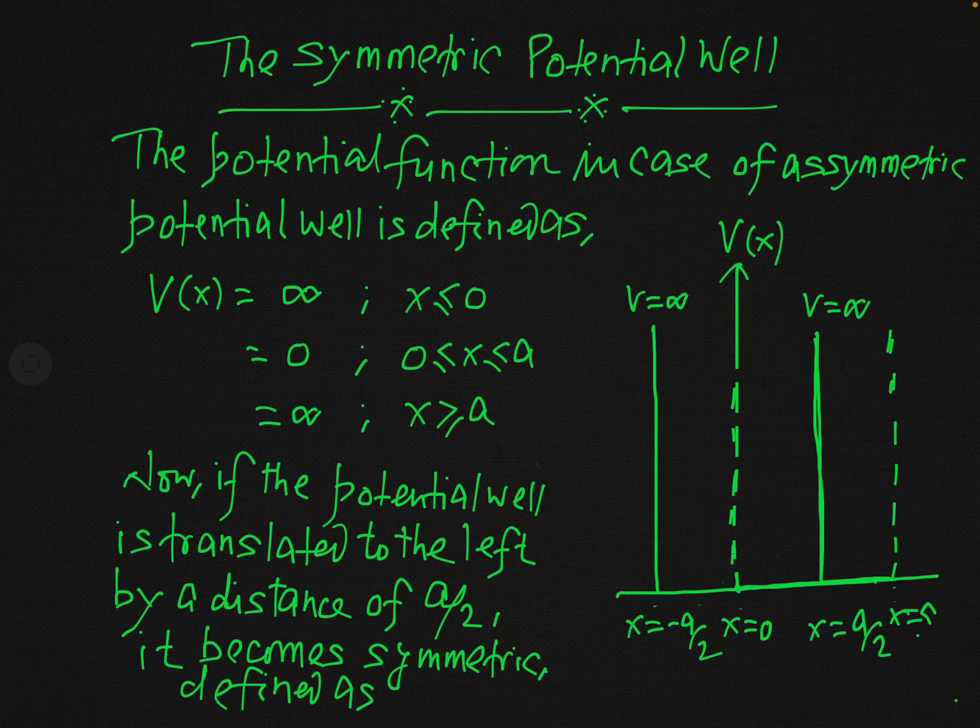So now there is a potential well having the same width a, because the width is a by 2 minus minus a by 2, that is simply a. But now the origin is at x equal to 0, and the width of the potential well on both sides of the origin is the same, equal to a by 2. So after such a spatial translation, our asymmetric potential well becomes a symmetric potential well. You can see this figure.